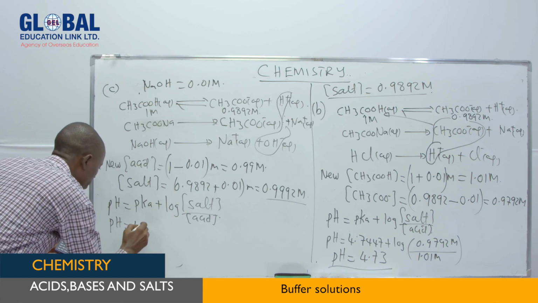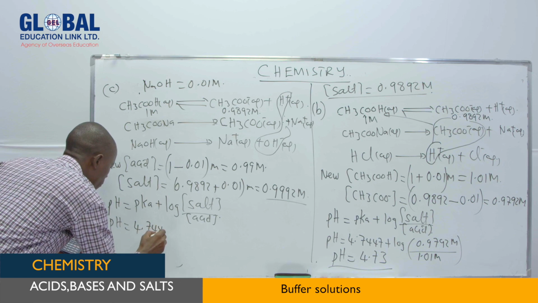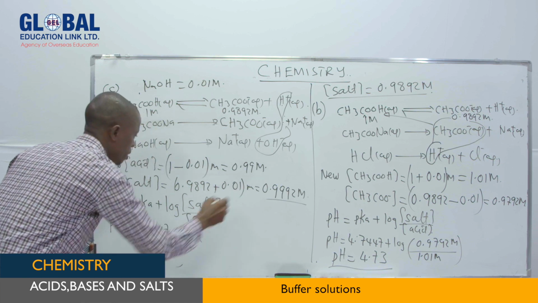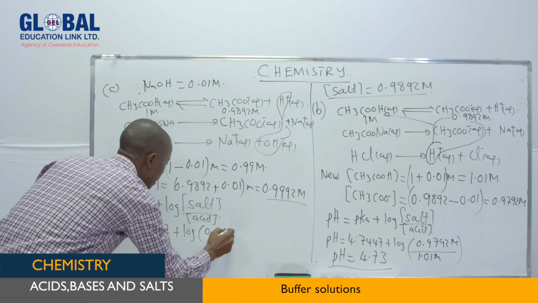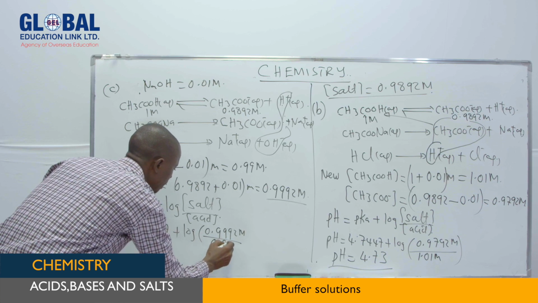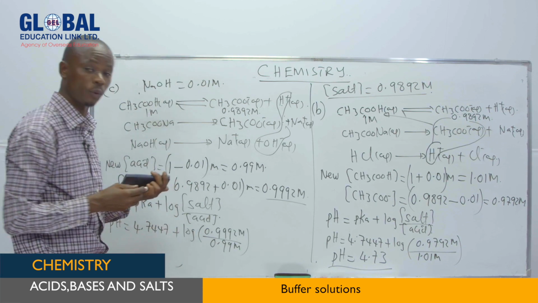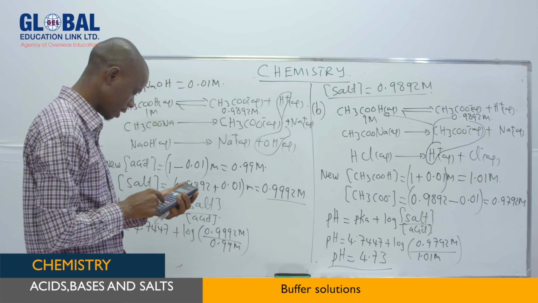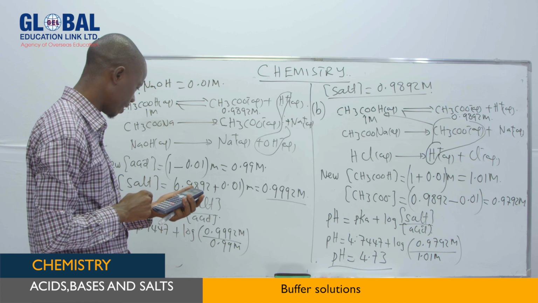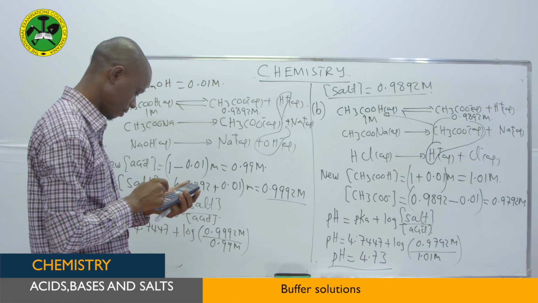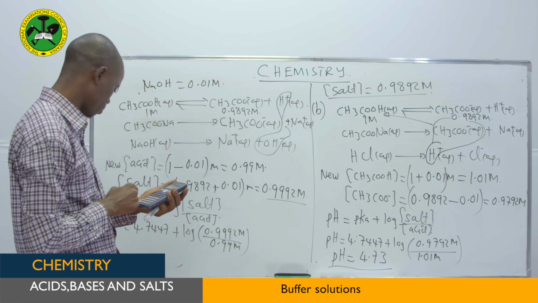The value is 4.7447 plus log concentration of the salt is that one, 0.9992 molar over 0.99 molar. So use your calculator to make that simple calculation there. 0.9992 divided by 0.99, logarithm of the answer is that one.